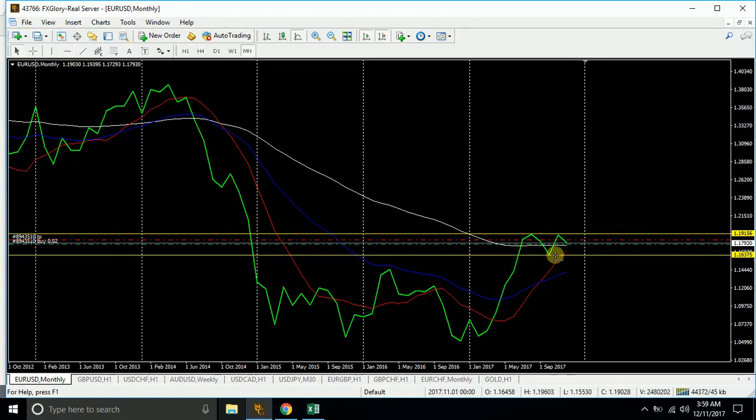The most recent point of support, which will be here. That is just the most recent level of support and resistance.